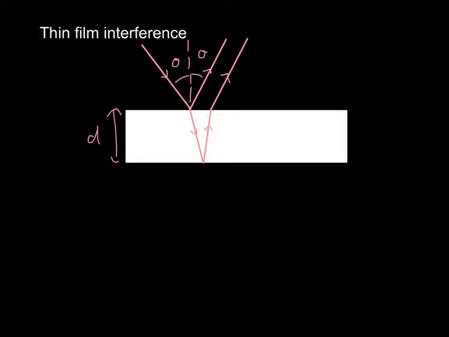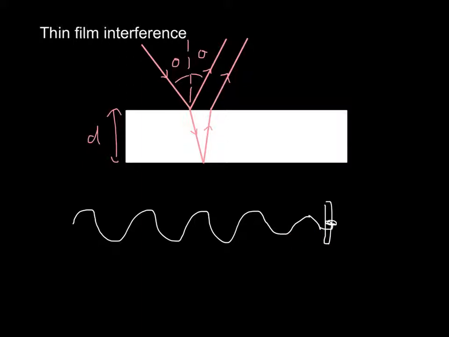Now, in order to deduce what happens here, first we need to know a rule that is related to, well, do you guys remember when we were doing waves on a string? We had a wave in a string like this, and then we had this little rod here, and we tied the string to the rod. If this was a tight knot, the wave would reflect off, but it would be opposite.